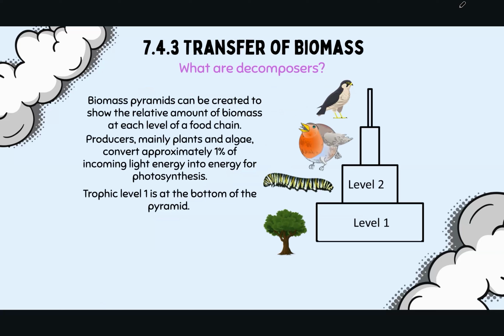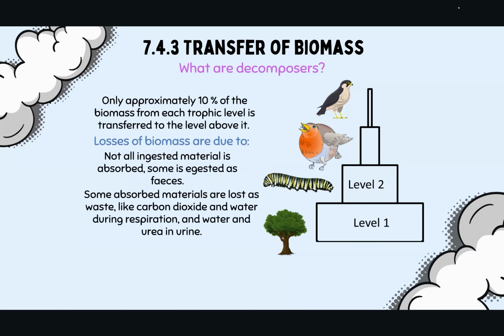So like I said, most of the light energy doesn't get absorbed. There's not enough plant life in the world to absorb all of it. So trophic level 1 is at the bottom of the pyramid. That's the one that has the most energy. Only about 10% gets passed on.